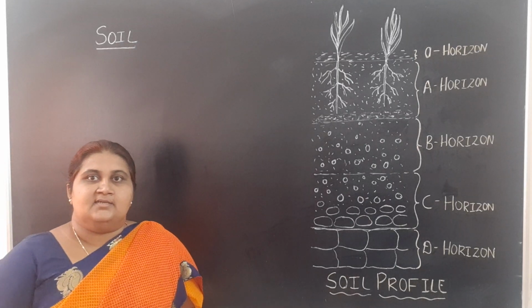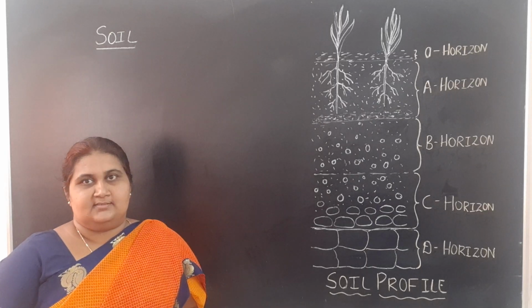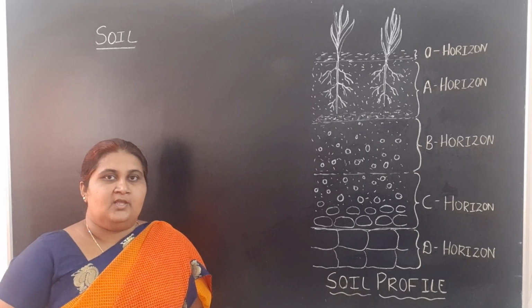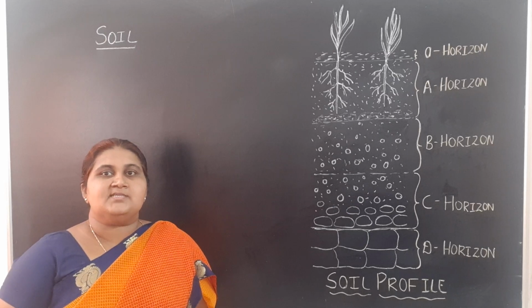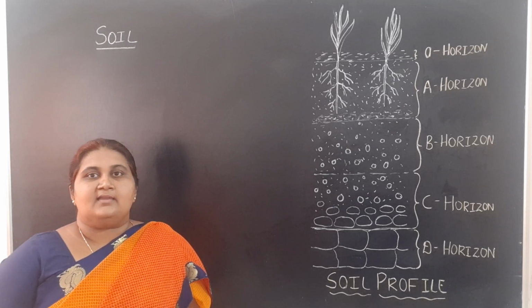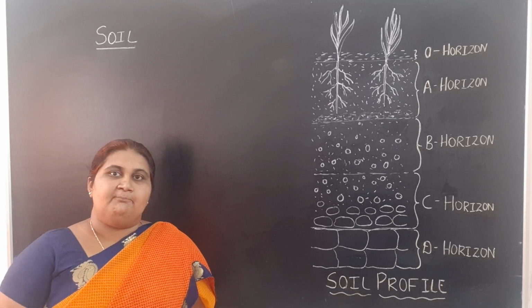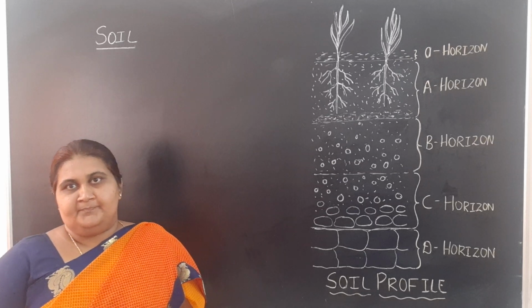Soil is the upper layer of earth. We can also define soil: soil is the upper weathered, humus-containing layer of earth that supports plants and animals.